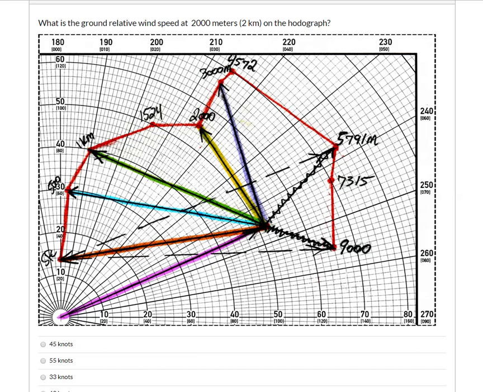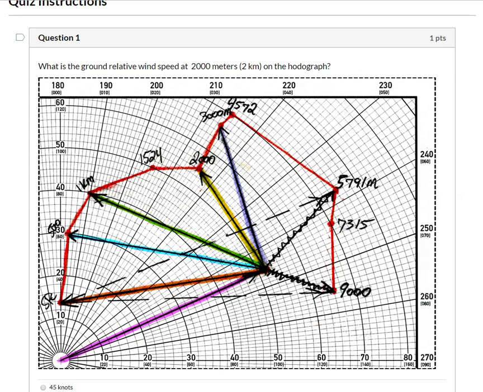So I'm going to give you an example. That'd probably be the best way to do it. The ground relative wind speed and direction at 1 kilometer. So you can see that there's our origin, x-axis, y-axis. All you do is you go up 190 degrees to where this line from the origin intersects 1 kilometer, which is right here. I've got this hodograph trace, which is the red line. That's what we call the hodograph trace.